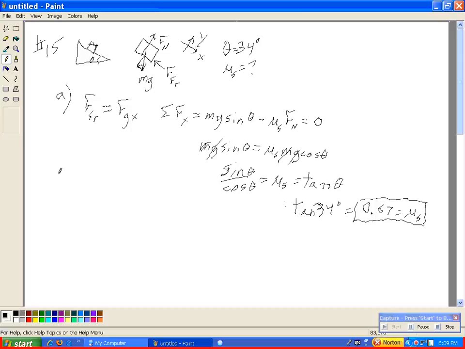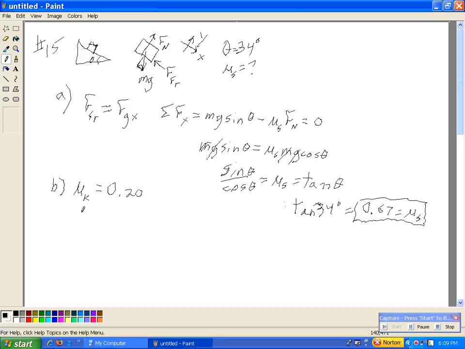However, what if the snow does slip? This is part B. They give us the coefficient of friction. It's kinetic, and it equals 0.20.